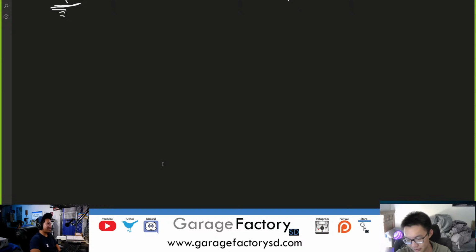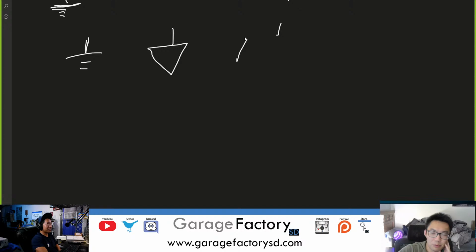Also, aside, I draw my grounds like this, but there are also multiple other grounds. We normally draw the ground like that, like a triangle. And then there's this one, which a lot of people use for chassis ground. What's chassis ground mean?